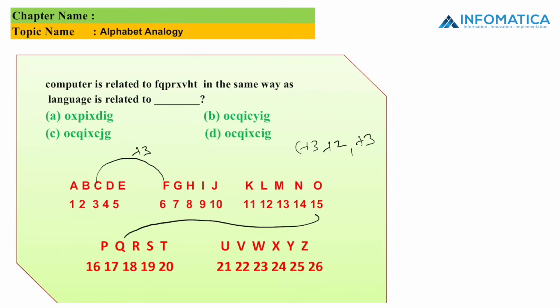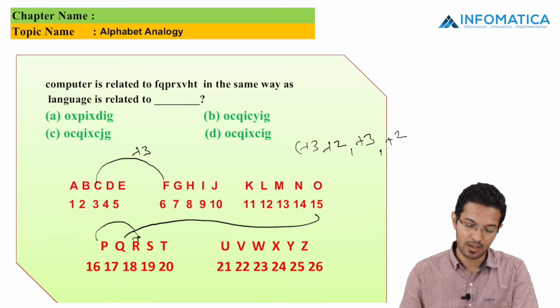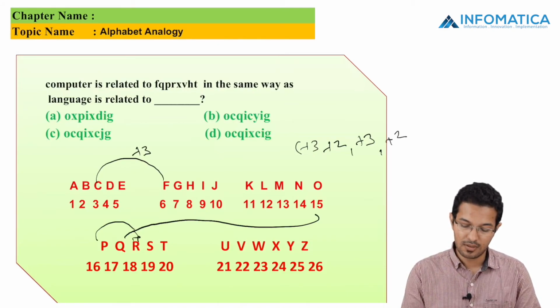Next is P is related to R. Yes, as we had said, the pattern is working alternately, which is plus 3, plus 2, plus 3, plus 2 and so on. So let's go for the relation. Now language is on number 12.